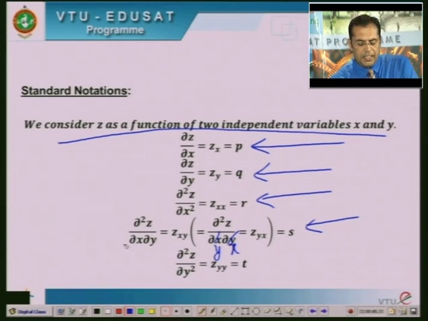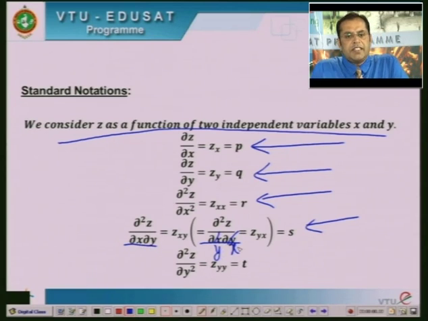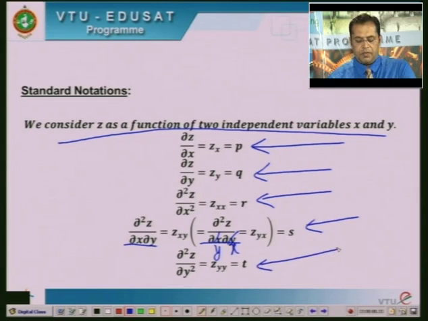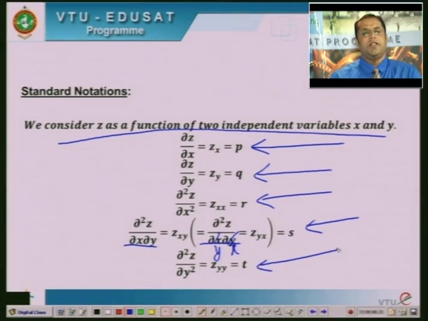Notice that it is immaterial how you differentiate. In dou square z by dou x dou y, you have x and y, whereas in dou square z by dou y dou x, you have y and x. And finally, dou square z by dou y square, which is zyy, equal to t.